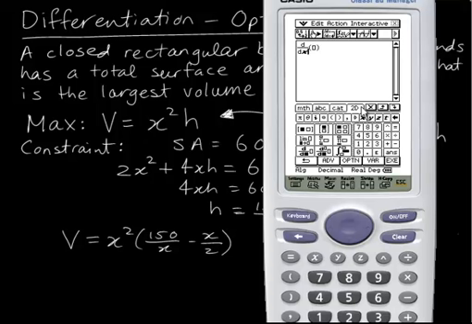So d by dx of x squared times 150 over x minus x over 2, and that gives me my derivative.